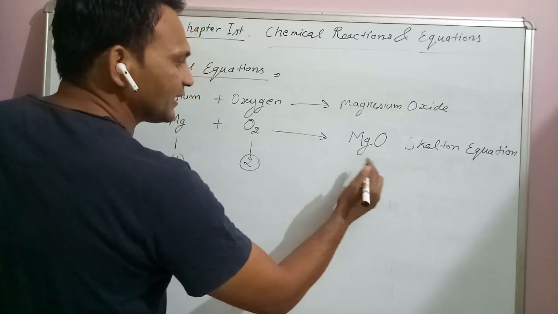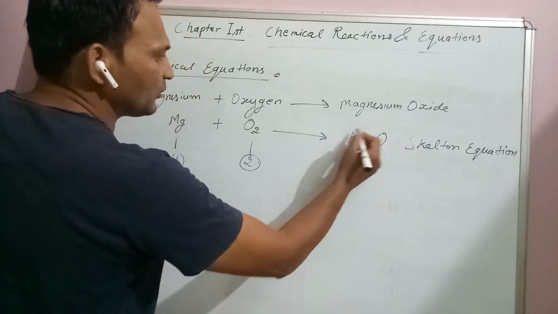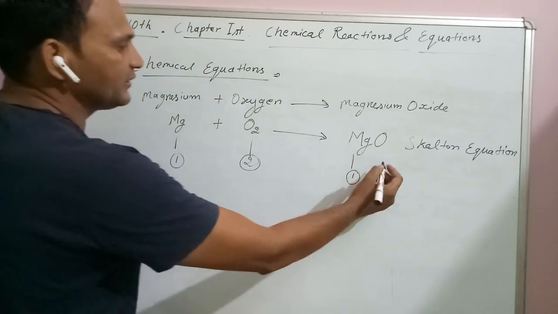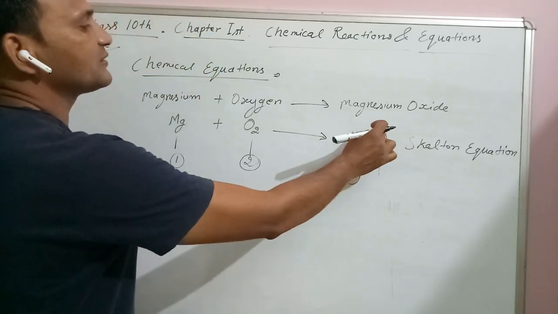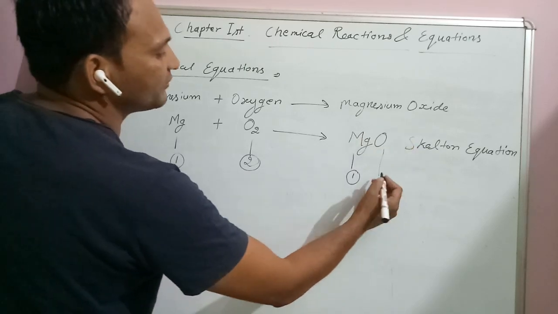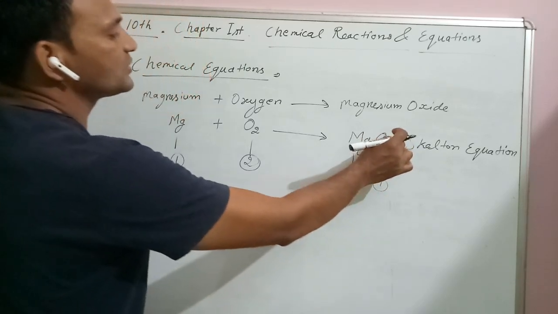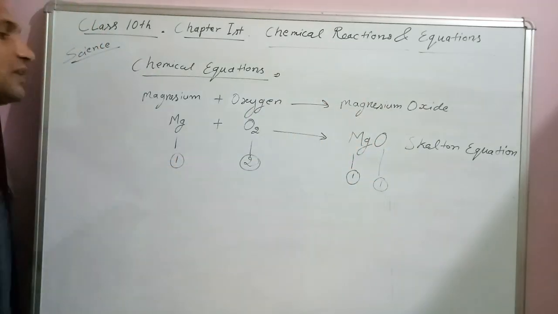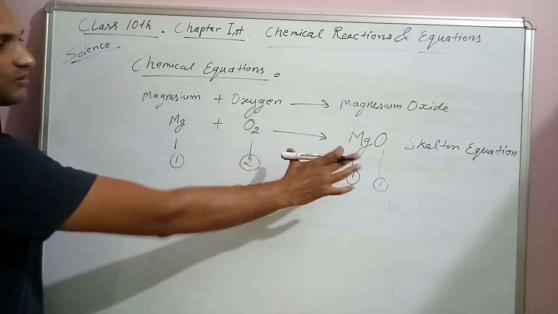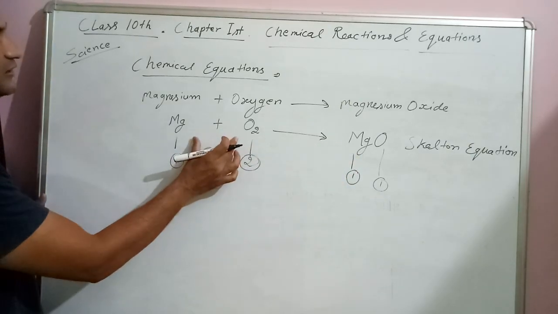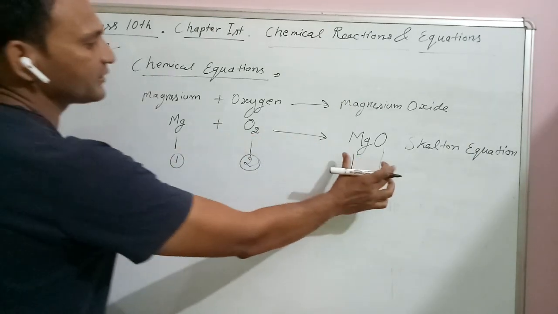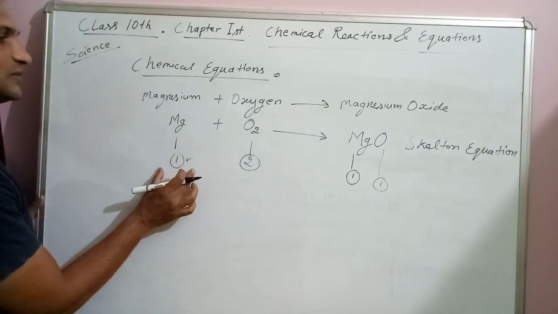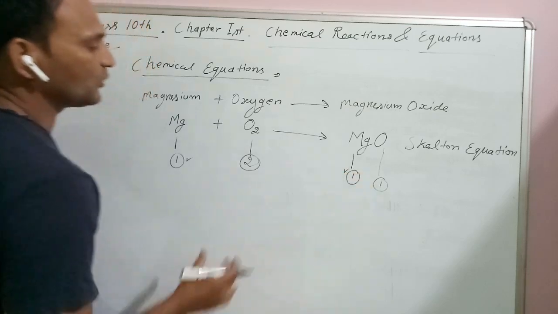In the product side, there is nothing before or after the magnesium, so one magnesium atom, and likewise one oxygen atom. We may compare the number of atoms in the reactant side and the product side. Magnesium 1 in reactant, 1 in product, the same number.